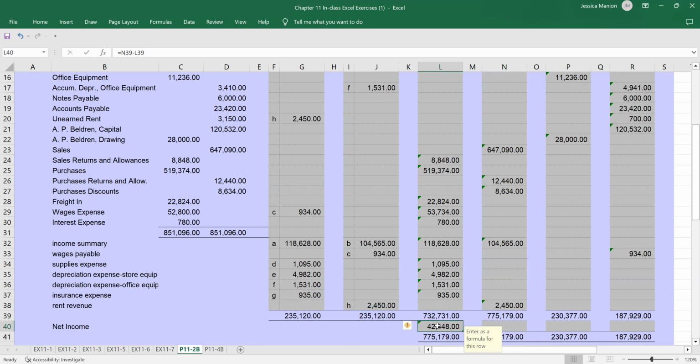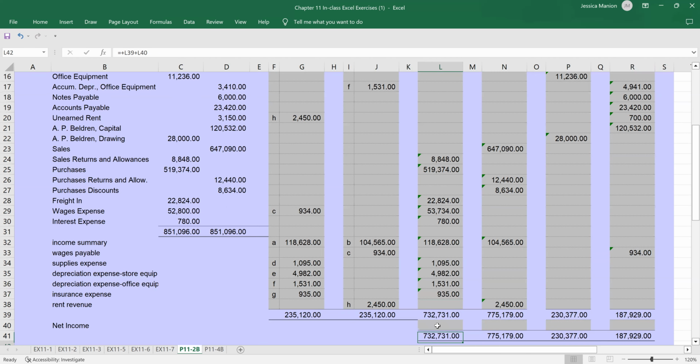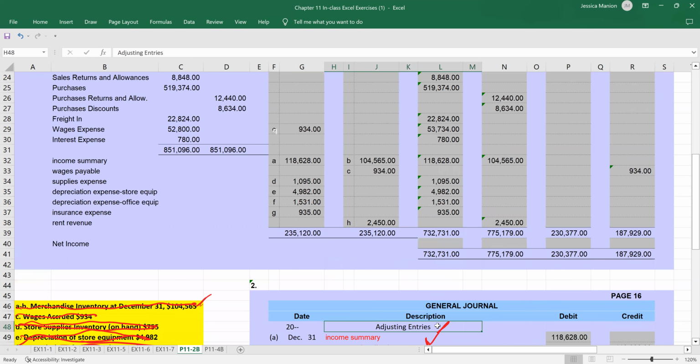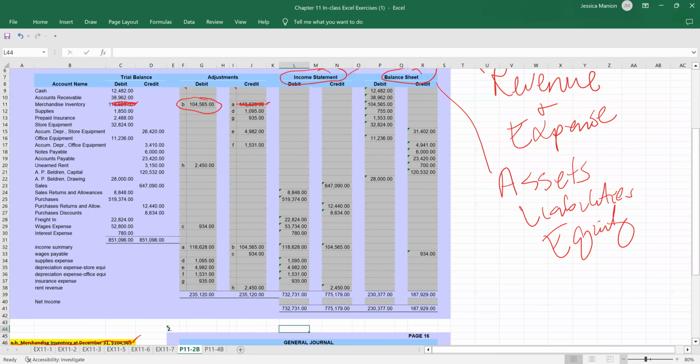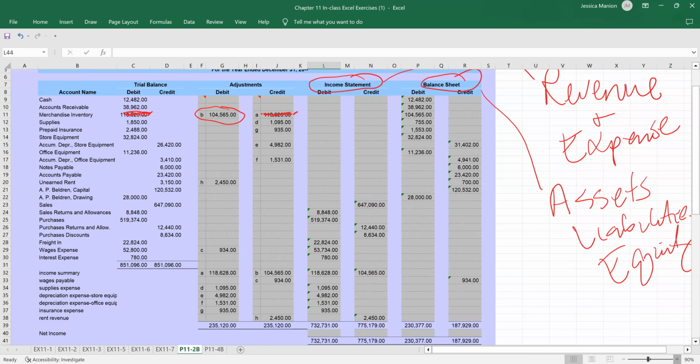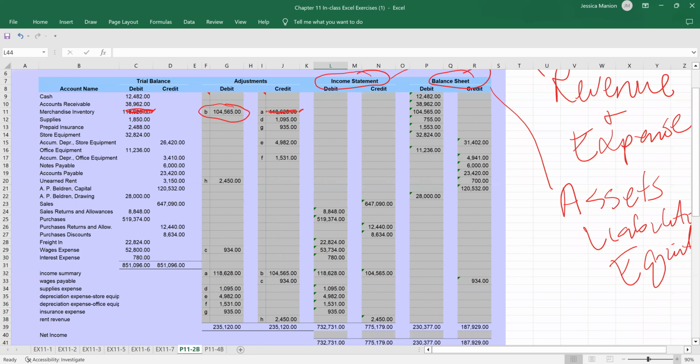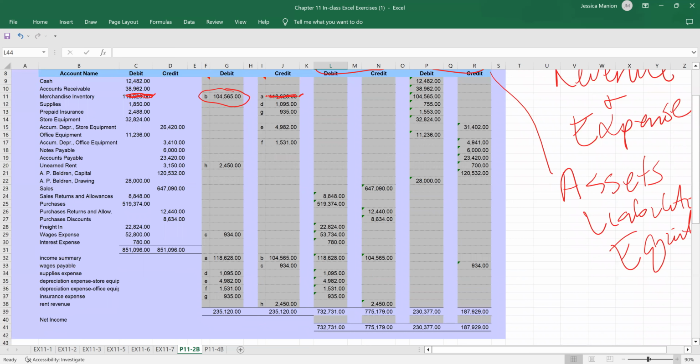So that takes our, and let me delete this. And so to remind us of how we get it. Remember, let me scroll out so we can see this whole thing. So remember on our income statement, the credit column represents revenue or items that increase our net income, right? Debits represent expenses or items that decrease our net income.